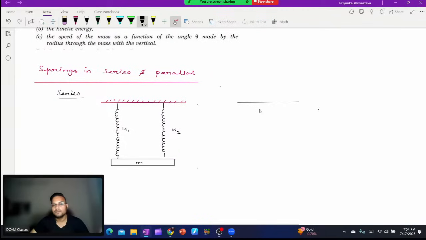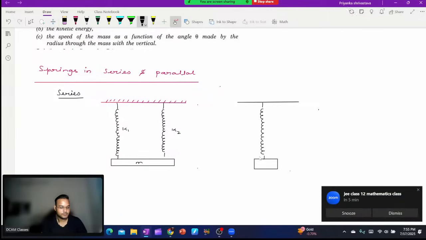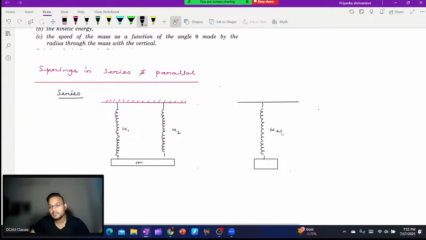Now, when you replace this with only one spring, then the spring constant for this is given as K1 plus K2.